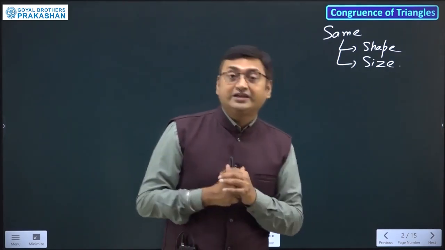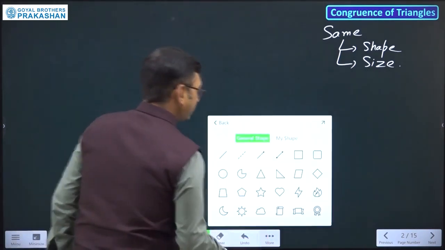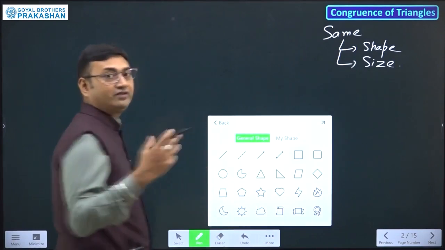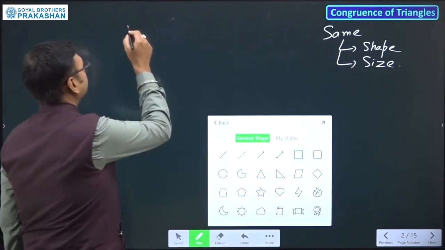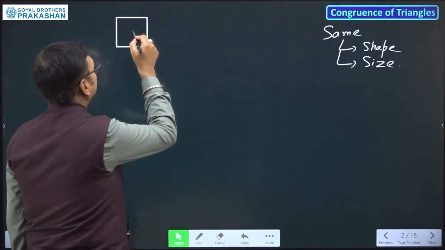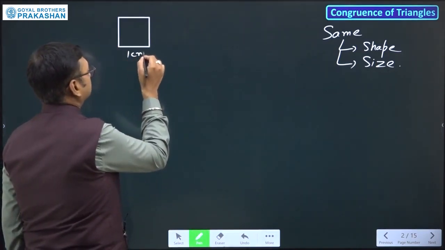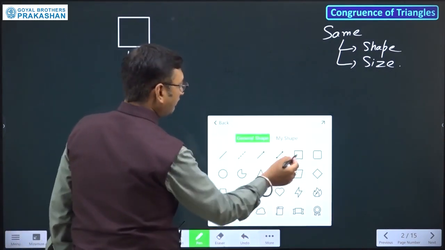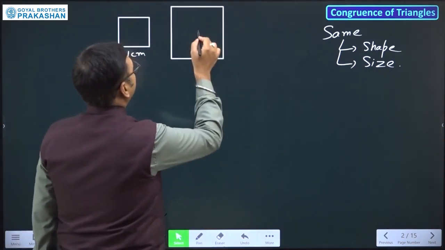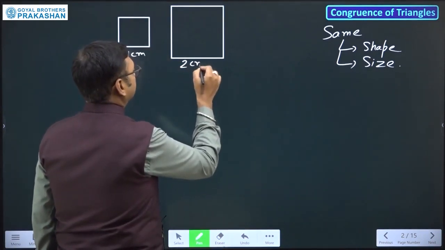Okay, we can do one small activity to understand better. Let's say we are having three squares. We are having one square, and let's say its one side is 1 centimeter. We have another square, and let's say its one side is 2 centimeter.